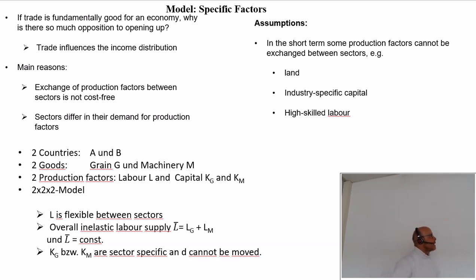And what we also see is that in the Ricardo model, more or less, opening your borders for international trade will always implement a win-win situation for both trading partners.